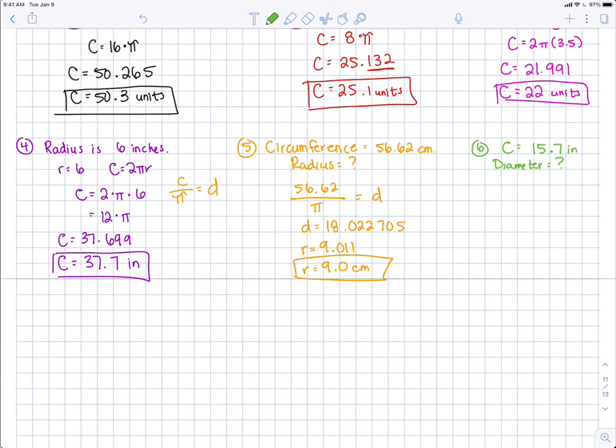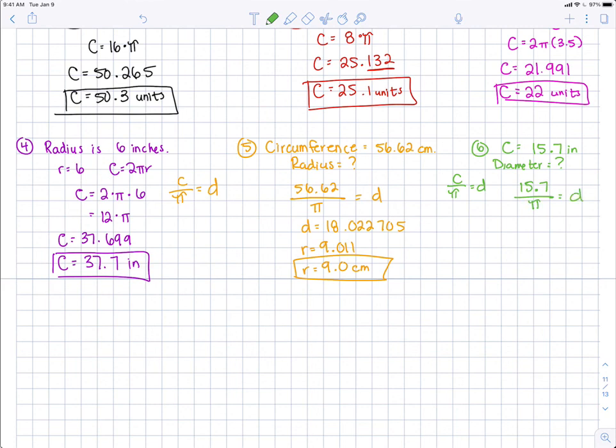So very similar concept here. We're given the circumference and we're looking for the diameter. So remember, to find the diameter, you can take the circumference and divide it by pi. Okay? So we're going to take the circumference of 15.7. We're going to divide it by pi, and that should give us the diameter.